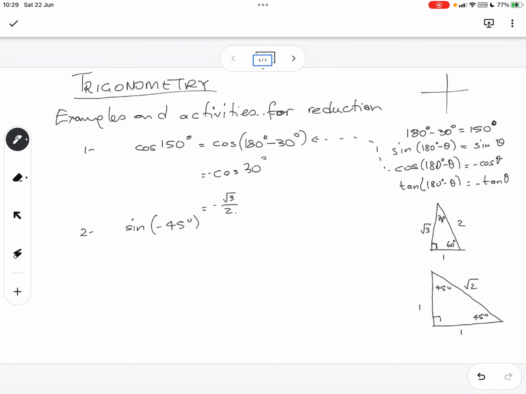Instead of going counterclockwise, which is how positive is defined, negative is when you go clockwise, which is this direction.